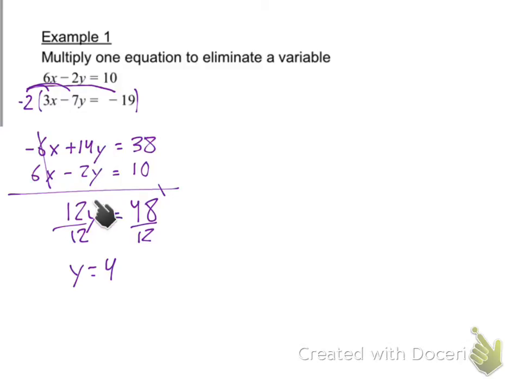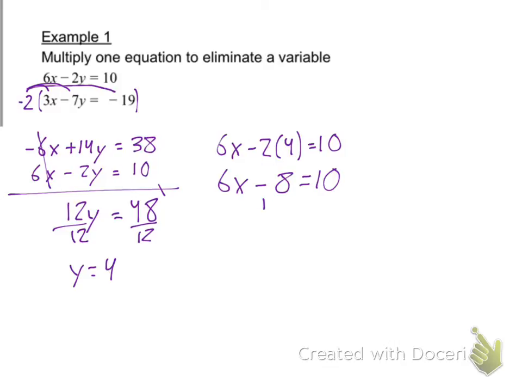Okay? So we need to take the y equals 4 and place it into one of these top two equations. So, choosing the top one, 6x minus 2 times 4 is equal to 10. Or 6x minus 8 equals 10.